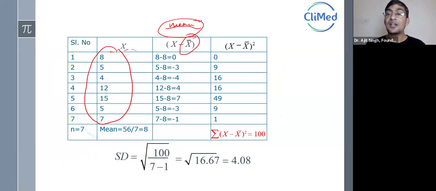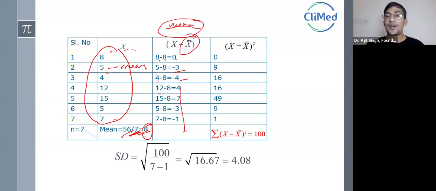You always need the mean to check the standard deviation. Suppose the mean of these seven numbers comes to 8. Now what is x minus x bar? Value minus mean: 8 minus 8 is 0, 5 minus 8 is minus 3, 4 minus 8 is minus 4. All the values have come here.